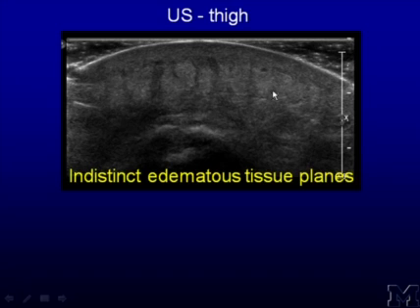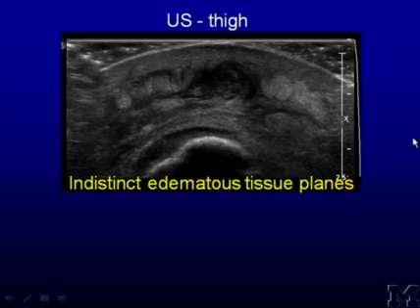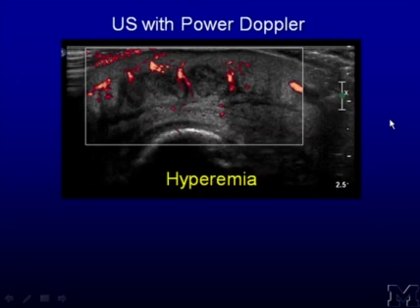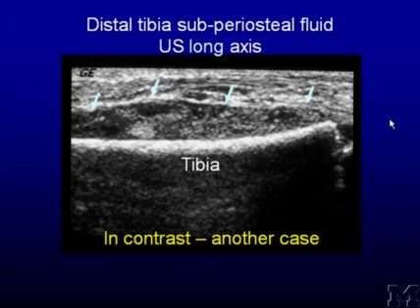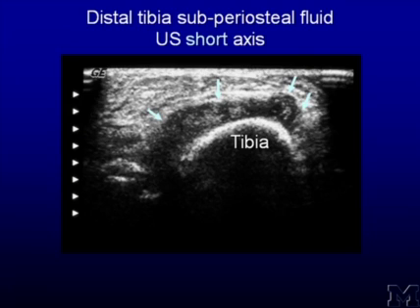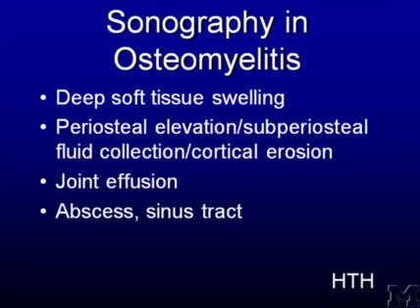This is very abnormal, very edematous, ill-defined tissue planes, very indistinct tissue planes, hyperemic, and this is a child that you can see had cellulitis. Another case over the tibia, but notice that there's a debris-filled fluid along the bone, subperiosteal, and this is a very strong suggestion that this child actually has osteomyelitis, which has to be drained in the operating room.